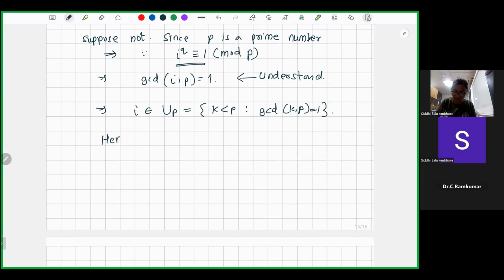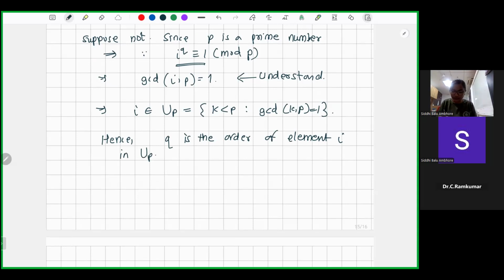Hence, since i power q is congruent to 1 mod p, q is the order of the element i in this U_p, because i power q is 1.